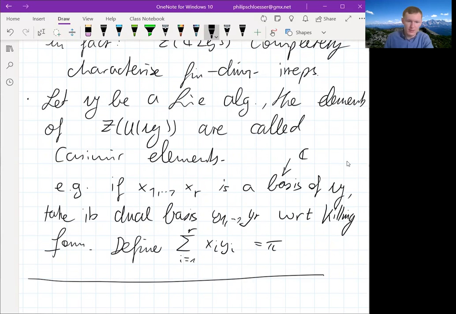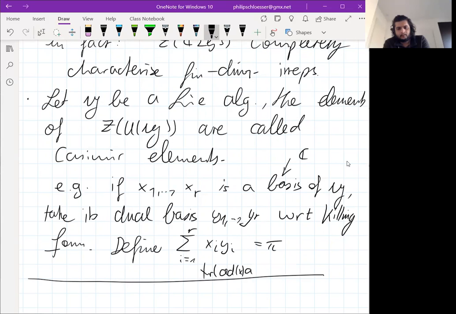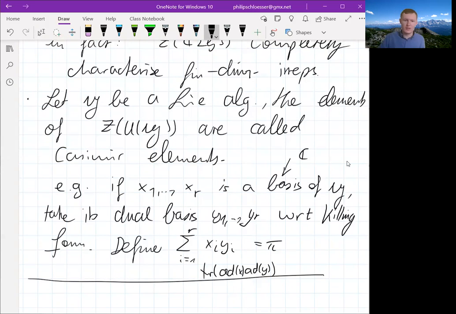The Killing form is the trace of the adjoint of x times the adjoint of y, where you interpret x and y to act on the vector space G as linear maps, and then you can multiply these linear maps, and then you can take the trace, and that is the Killing form of x and y.